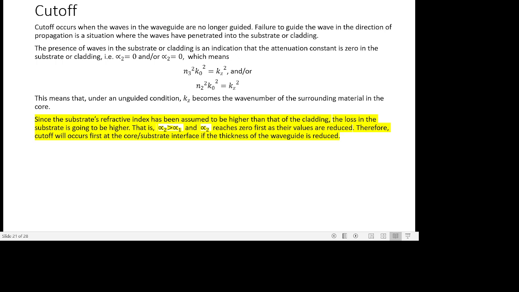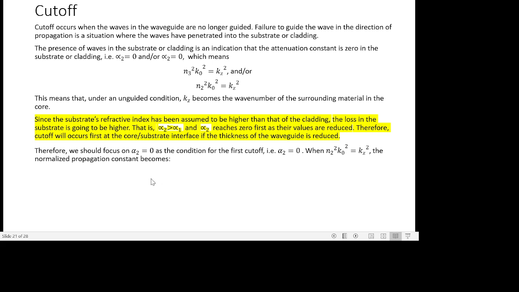So in this case, we have to determine that the cutoff is going to occur in the substrate-core interface first. The next thing that we need to focus on is alpha 2. This is going to give us the first cutoff.